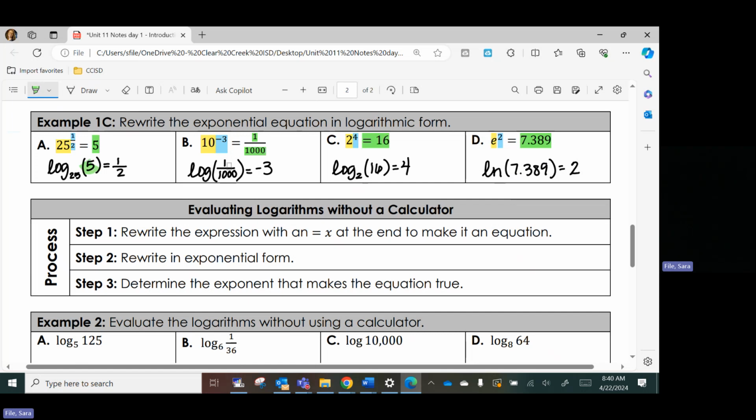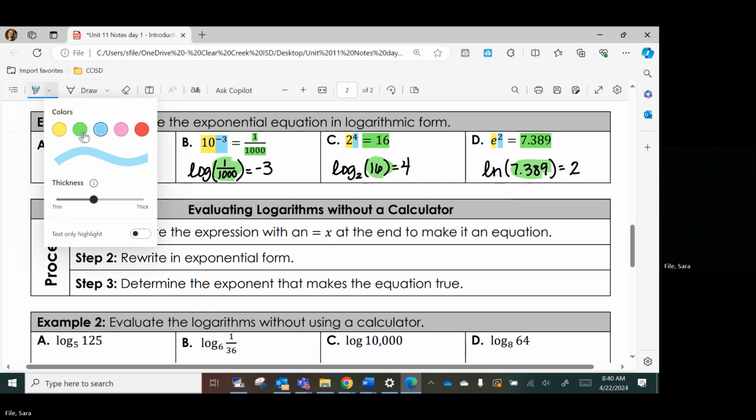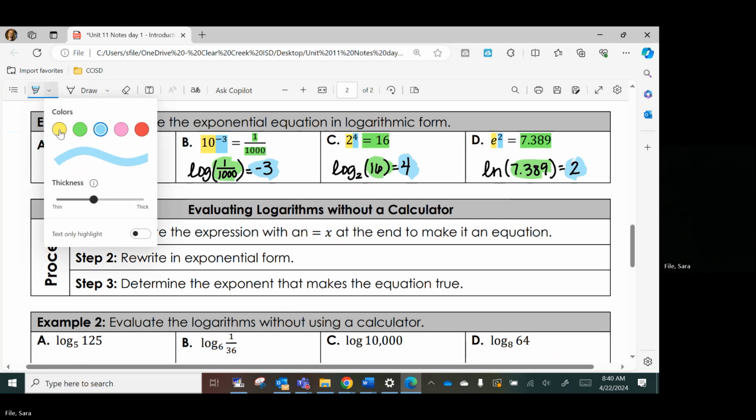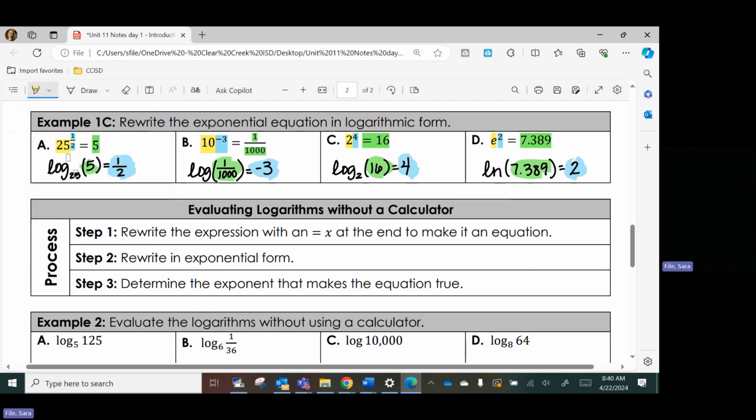So my argument became what I'm taking the log of. My exponent became what the log is equal to. And my base of the exponential was the base of the log.